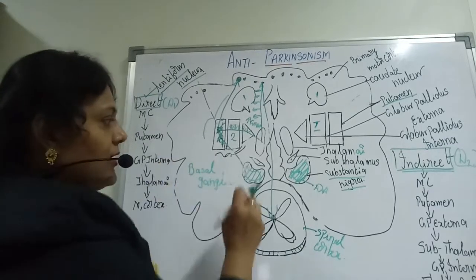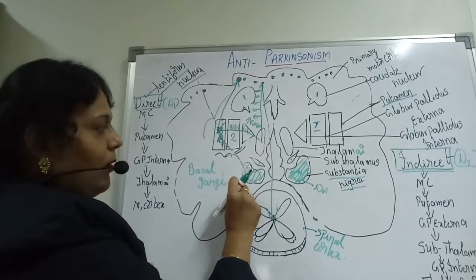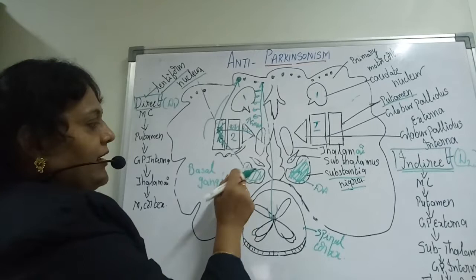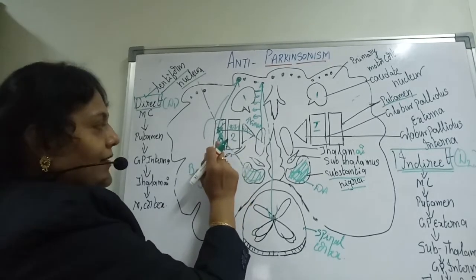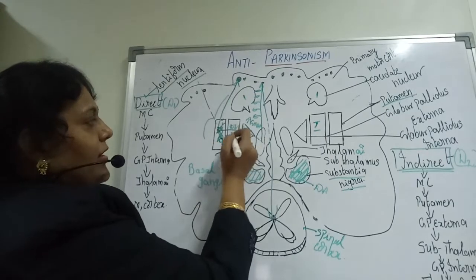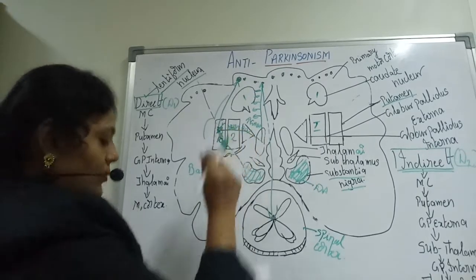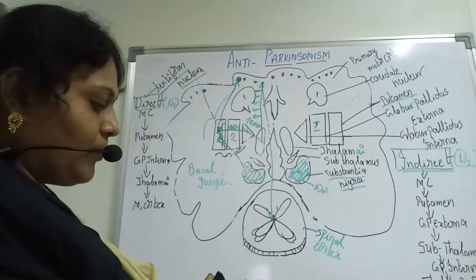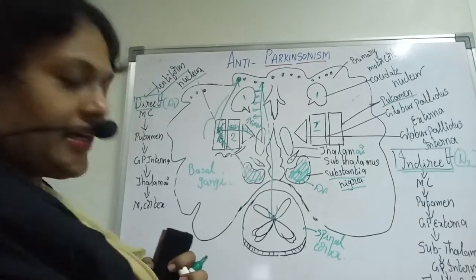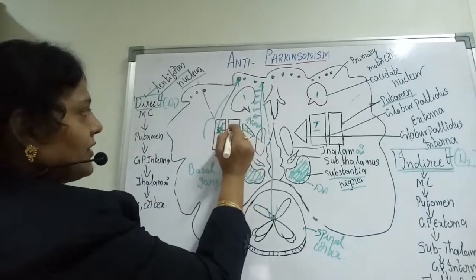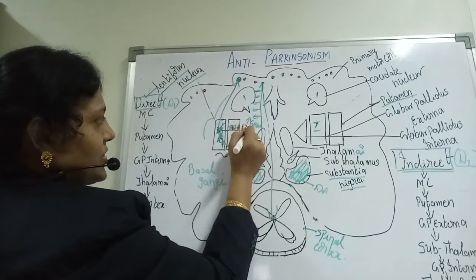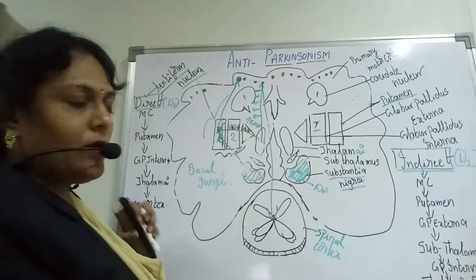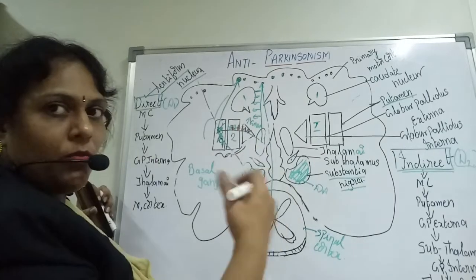How is it increased? The substantia nigra, which is a storage of dopamine, is pouring its neurotransmitters onto the GABA, and that GABA is being more and more inhibited over here. I am indicating the dopamine synthesis in red color so that you can understand. The green one is GABA and here is dopamine, which acts on the GABAergic neurons, and they start inhibiting more and more.